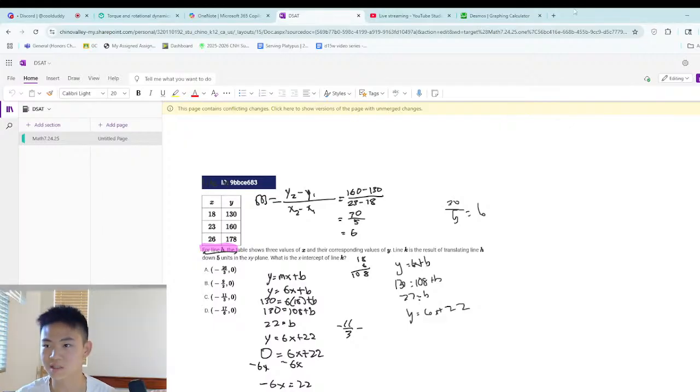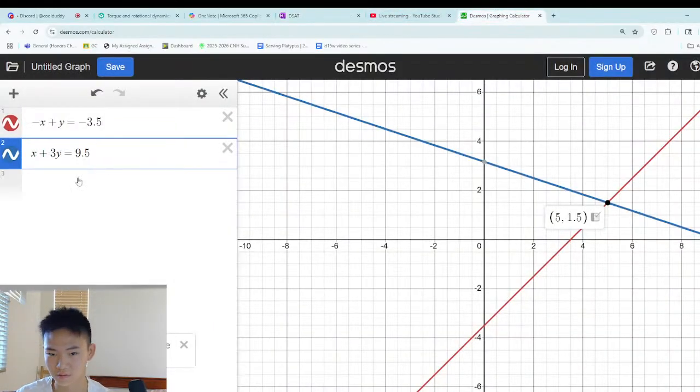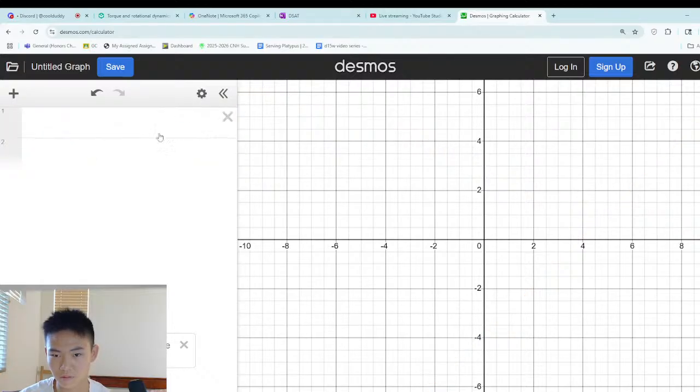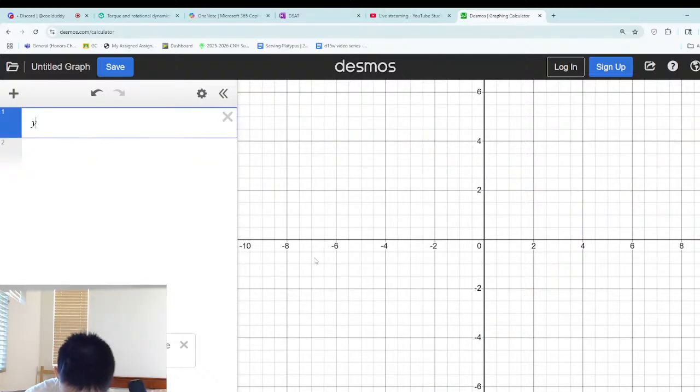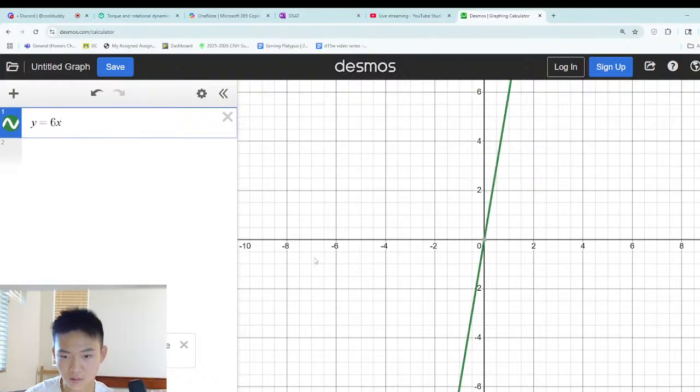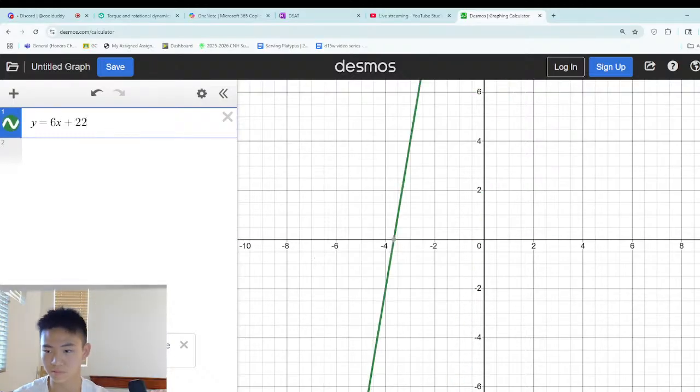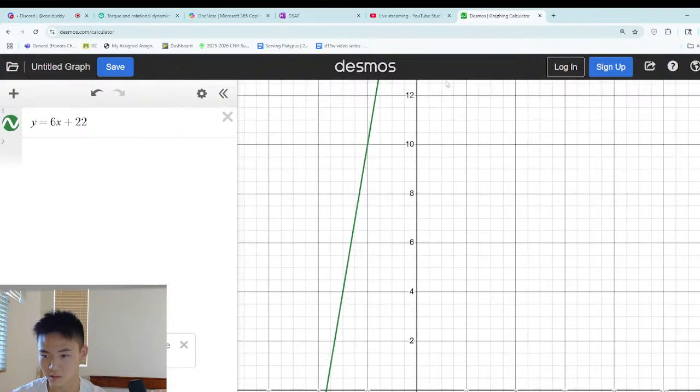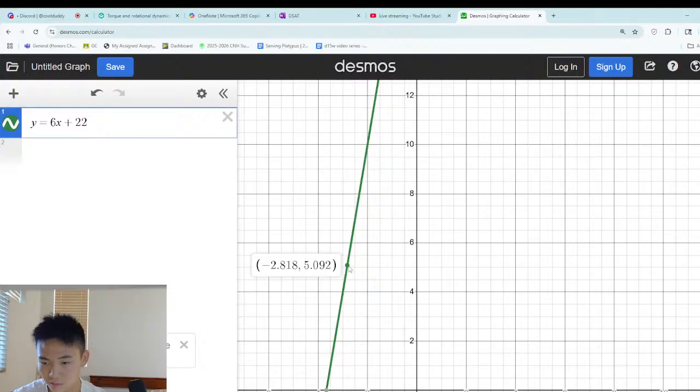All right, so let's plug this into Desmos. Desmos is on the big screen. So our equation, y equals 6x plus 22. This is moved down 5 units.